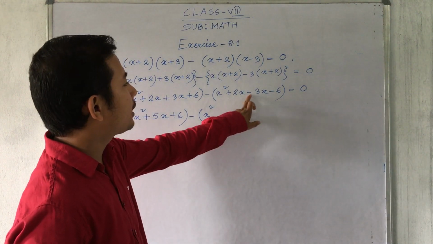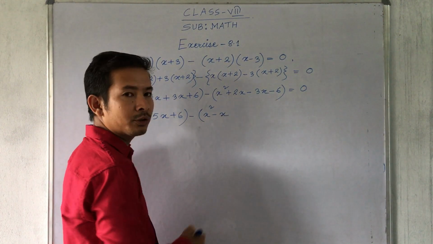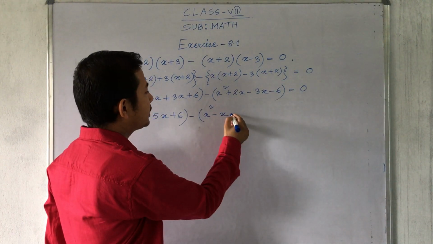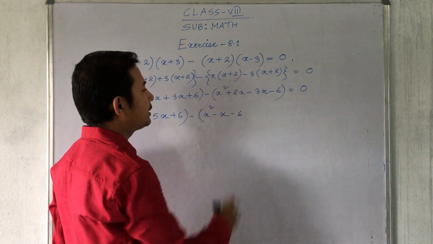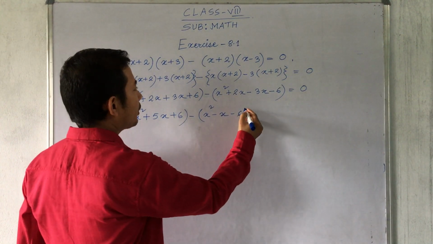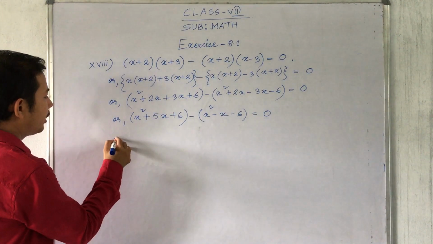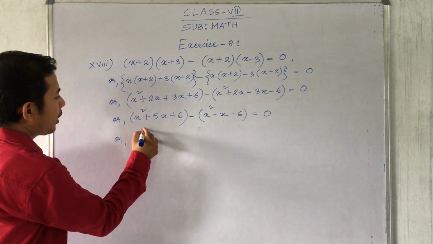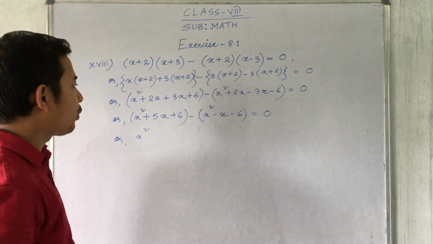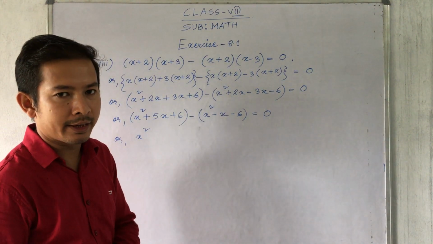In front of the greater number there is minus, so we must write here minus x. Understood? Now negative 6, negative constant, as it is, because there is no other constant. Equal to 0. Now look here. x square. Now we need to open the bracket. But one thing you must remember, before opening the bracket, you must multiply the sign.